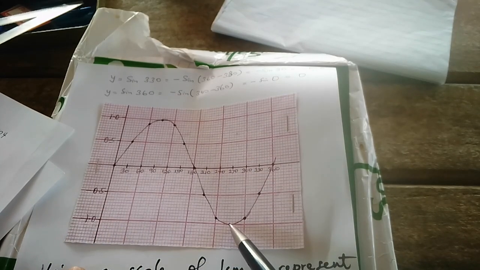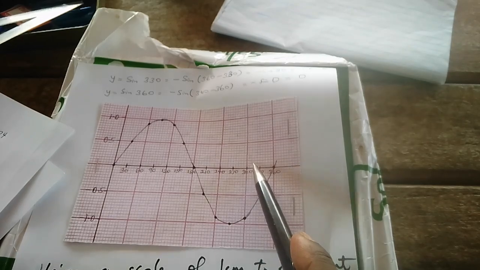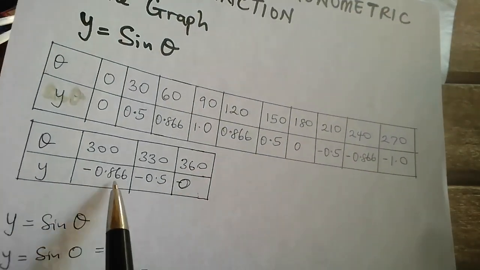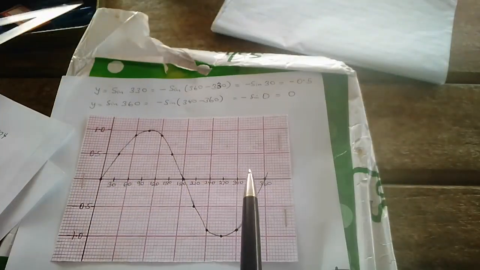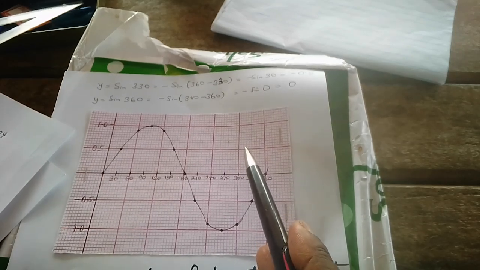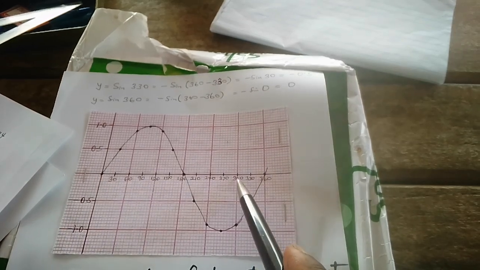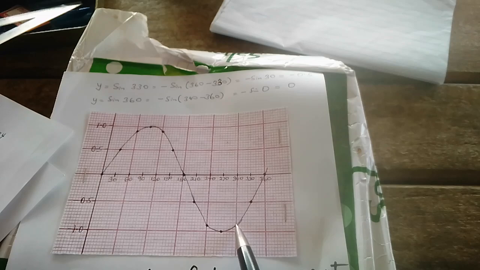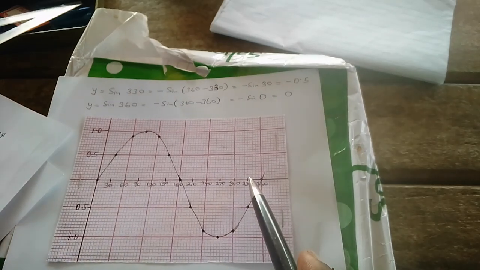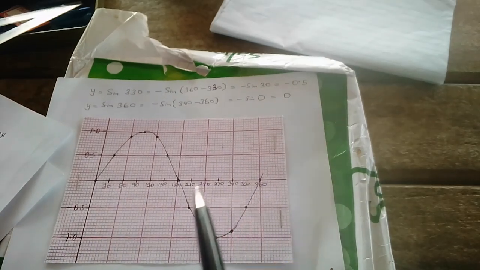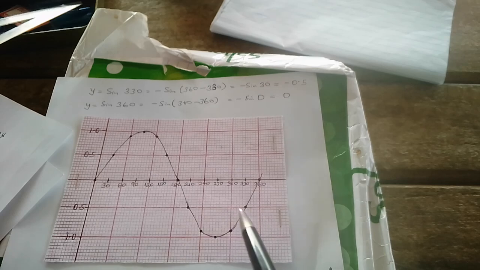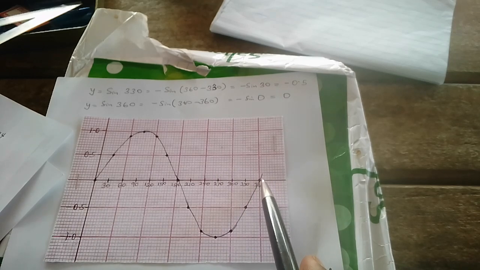When theta is 300, y is minus 0.866. To one decimal place will give us minus 0.9. Theta is 300 here, y is minus 0.9. When theta is 330, y is minus 0.5. Theta is 330 here, y is minus 0.5. When theta is 360, y is 0 on this point.